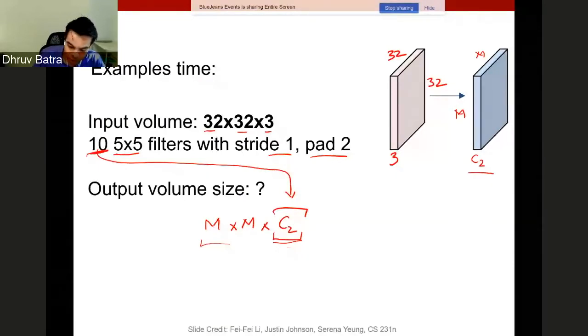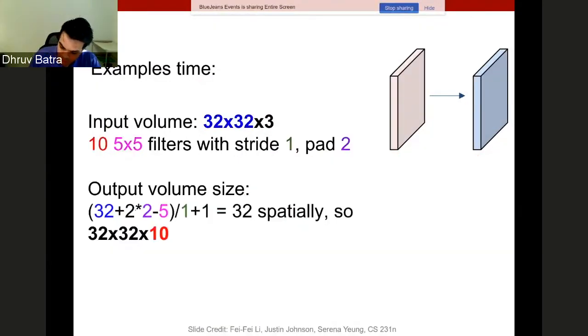We used 5x5 filters, stride 1, pad 2. We saw on this slide that for 5x5 filters, f minus 1 over 2 gives a padding of 2, preserving spatial size. So we'll get 32 by 32 by 10 here as the output. Okay. Output volume size is, as we said, 32 by 32 by 10.